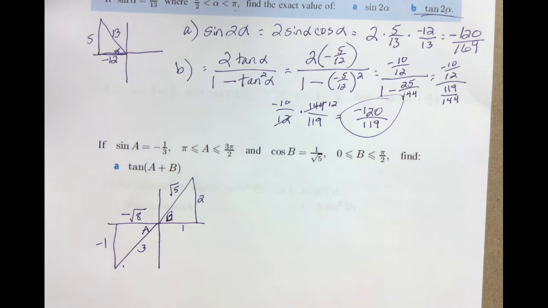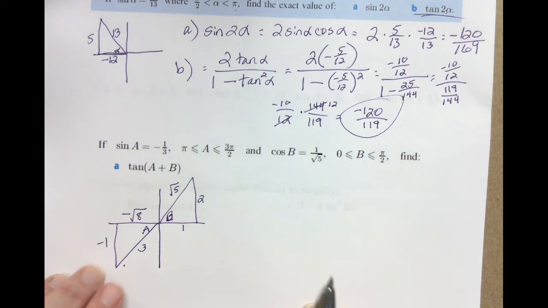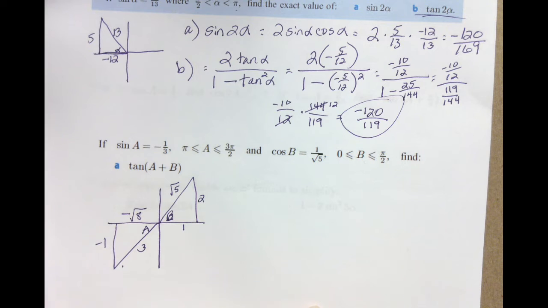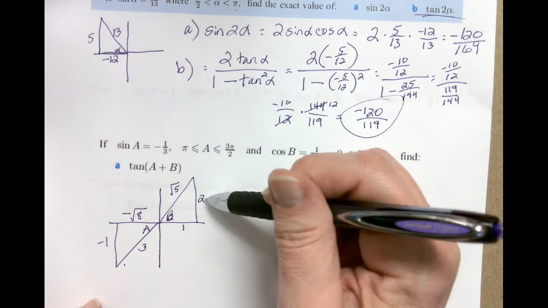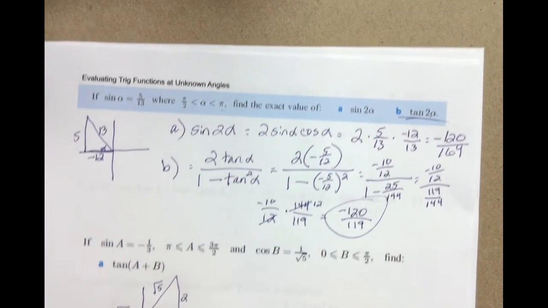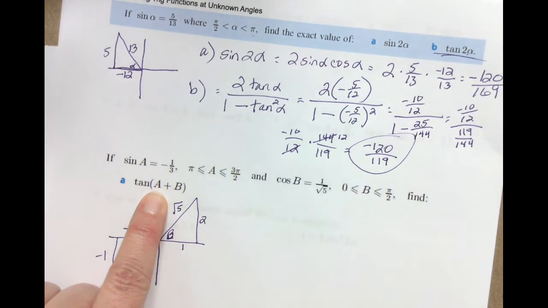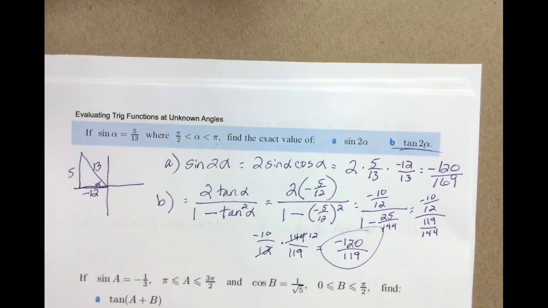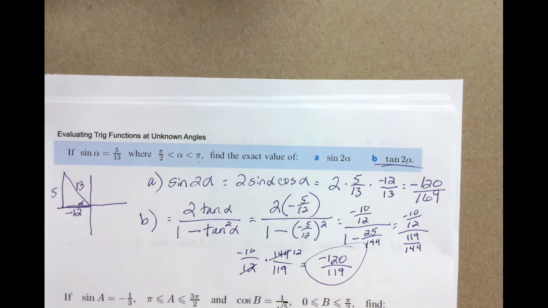Now, everything over here is positive, right? Because it's quadrant 1. Okay. Now, go to your formula and look at your formula and do tangent of angle A plus angle B. And I'm going to hide it here for a second.